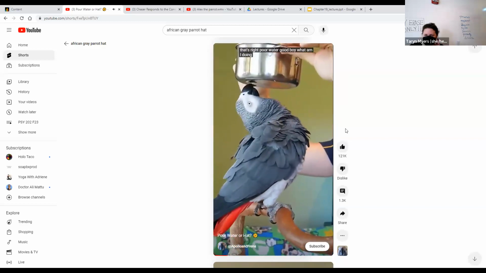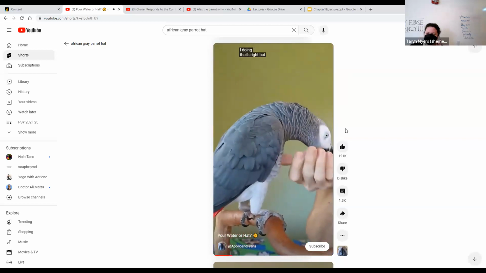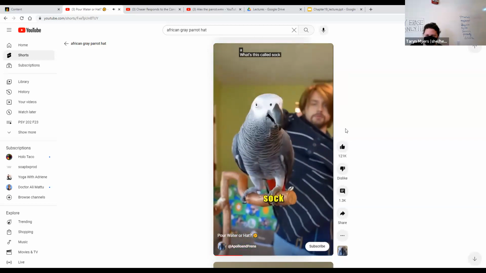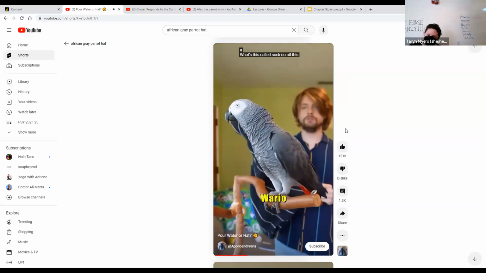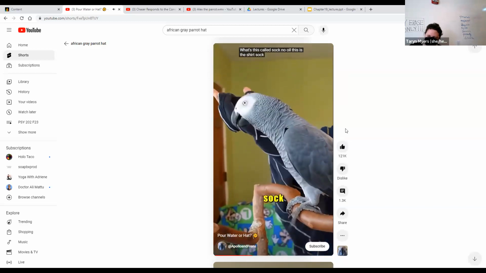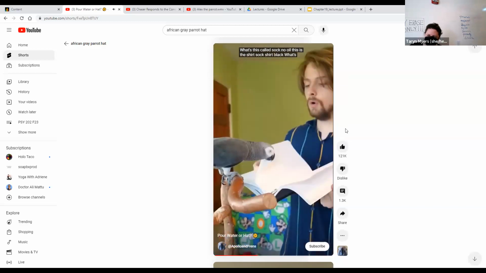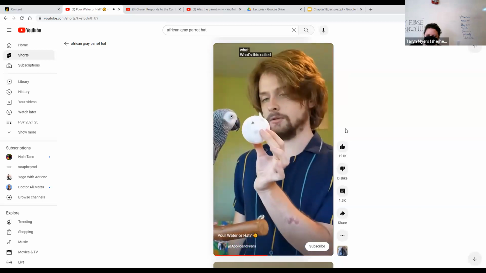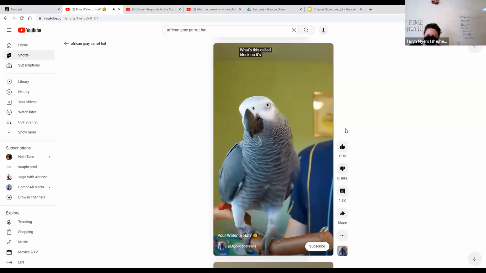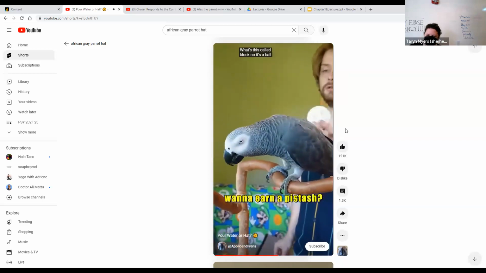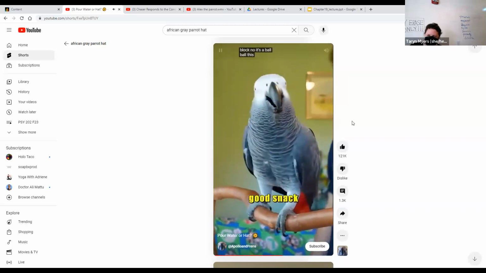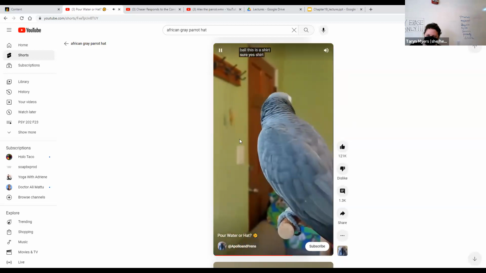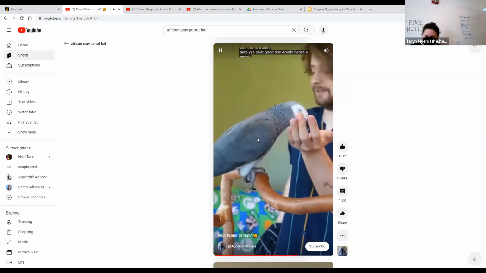What am I doing? Hat. That's right. Good job, Apollo. There's a snack. What's this called? Sock. No, this is the shirt. Shirt. Black. What's this called? It's a book. What's this called? Block. No, it's a ball. Ball. Good snack. This is a shirt. Yes, shirt. Good boy, Apollo. Here's a snack.